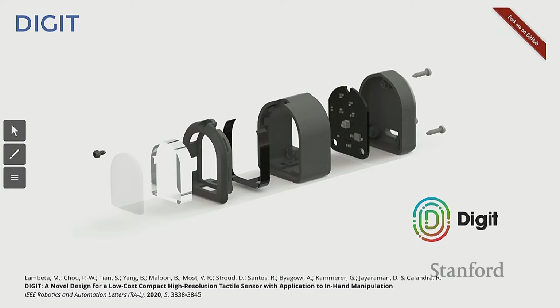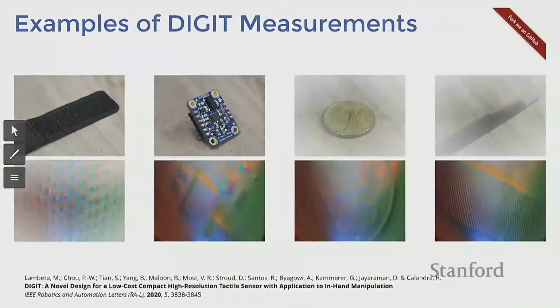This was our intention. And the type of sensor readings that you get out of DIGIT look like this. You can see, for example, a piece of Velcro, and you can see the individual teeth of the Velcro. The spatial resolution that you get out of DIGIT is about 15 microns, which is fairly revolutionary compared to traditional technologies for tactile sensing, like capacitive sensors.